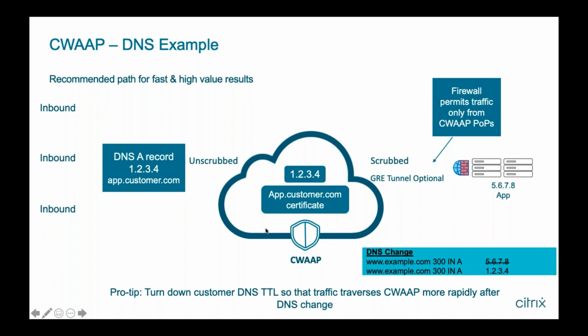What you need to do is just change the DNS A record to point from 5.6.7.8 to 1.2.3.4. That's it. And how long does it take? As long as DNS TTL takes, so you can be up and running in just a few minutes.